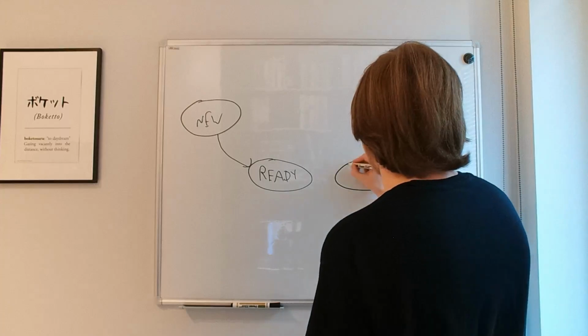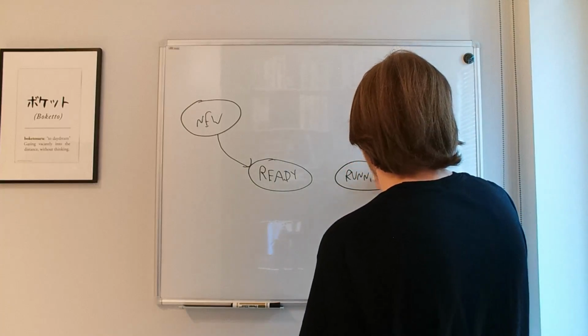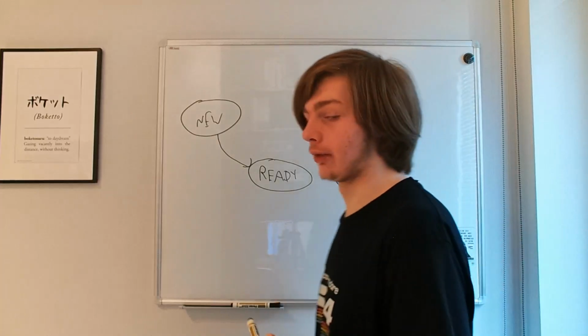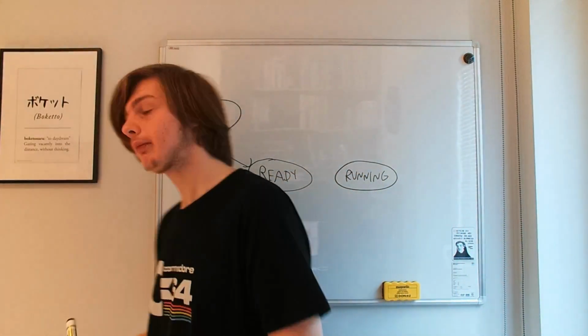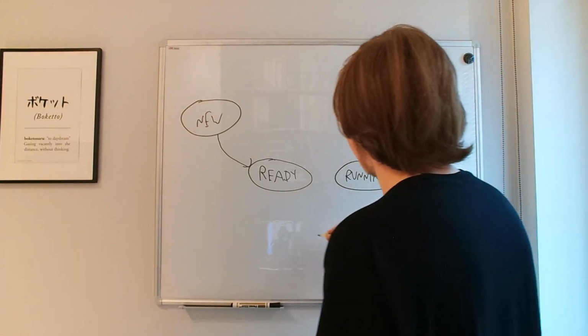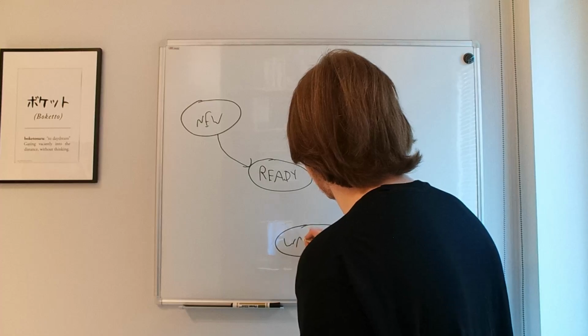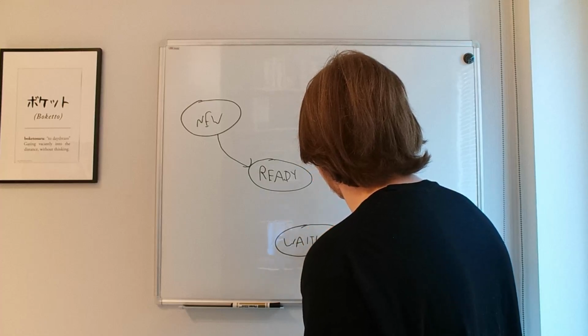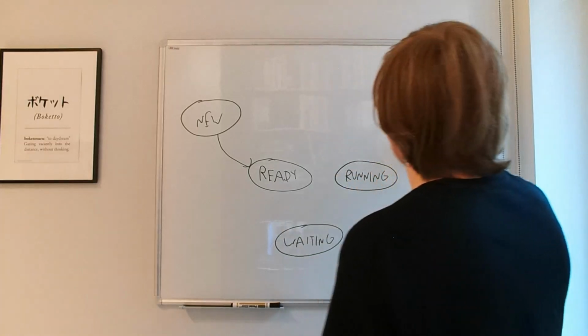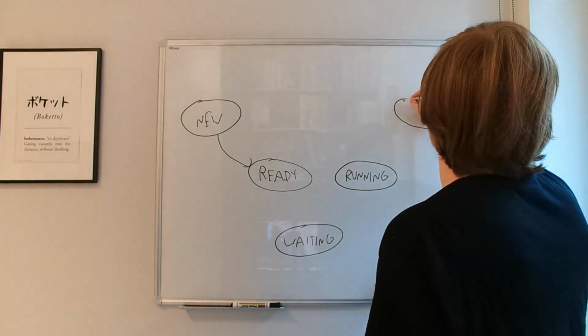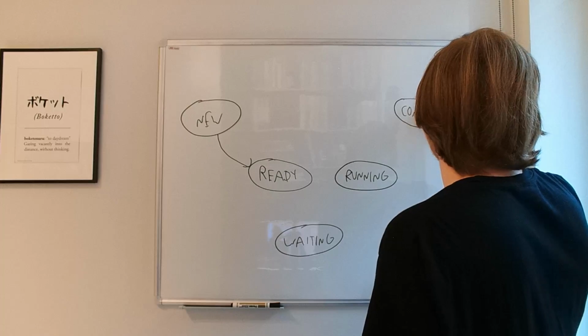A process can obviously be running, so you can actually be executing its code at a given moment. It could be waiting. Or, well, at the very end, it's obviously going to be completed.